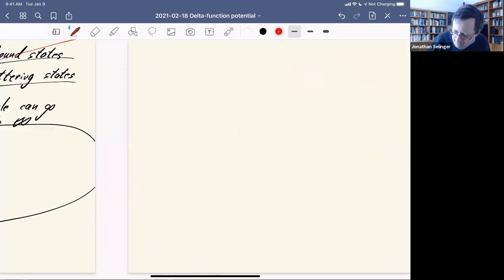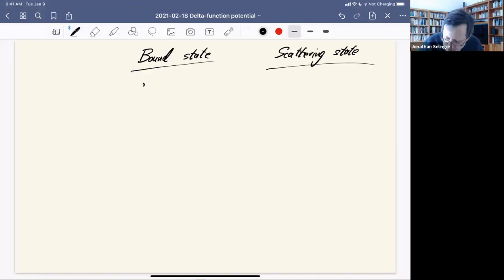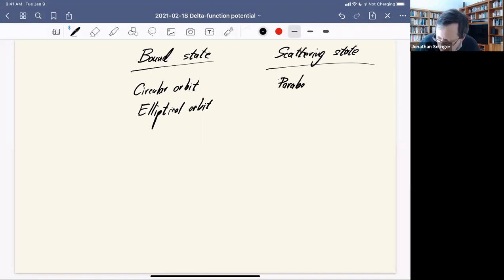In my table, I meant to say for the bound state versus a scattering state, the examples for orbital dynamics here would be a circular orbit or elliptical orbit, and here is parabolic or hyperbolic.